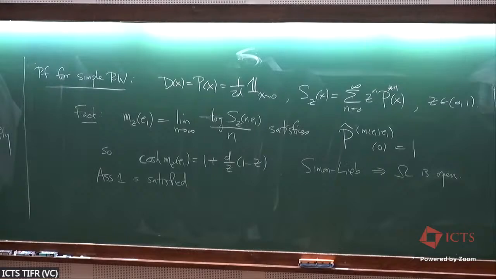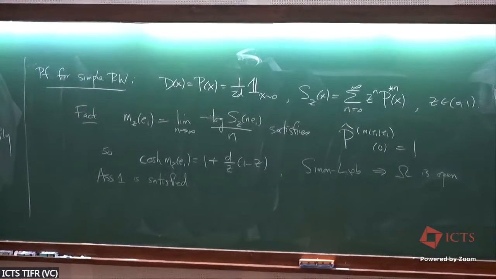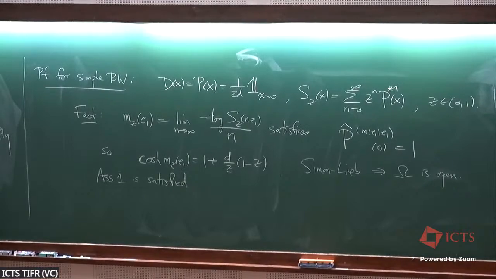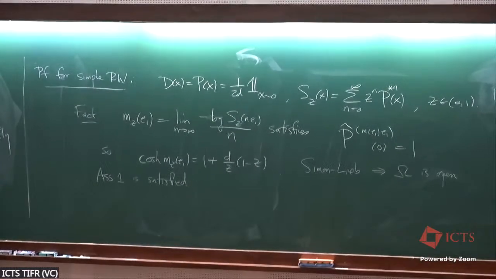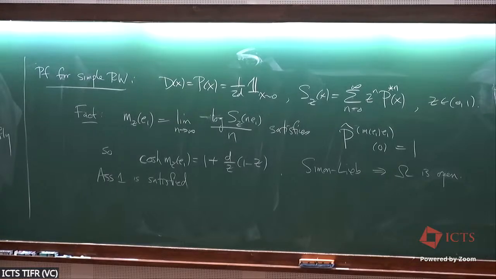What about assumption 2? Assumption 2 says that this tilted J, which in our case would be a tilted z times P, is in this function space. So we need to verify the moment estimates.